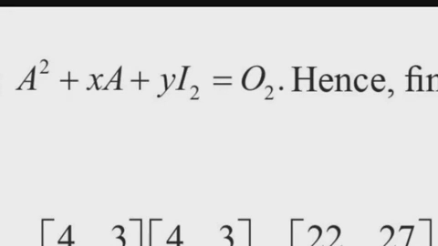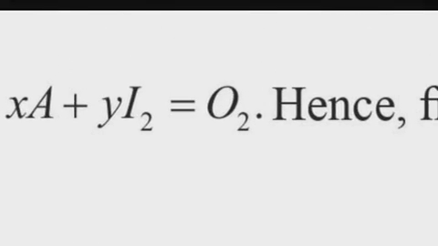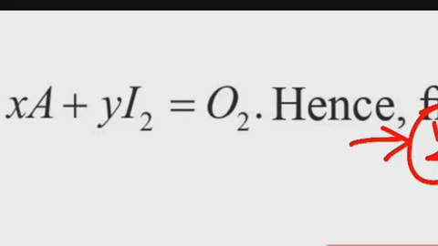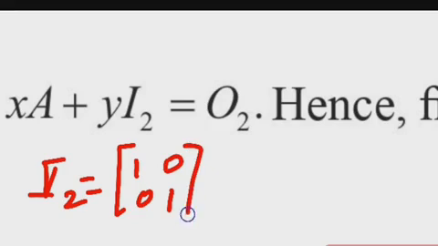Here I2 is the identity matrix of dimension 2, O2 means the zero matrix of dimension 2. So I2 equals [1 0; 0 1] and O2 value is [0 0; 0 0].